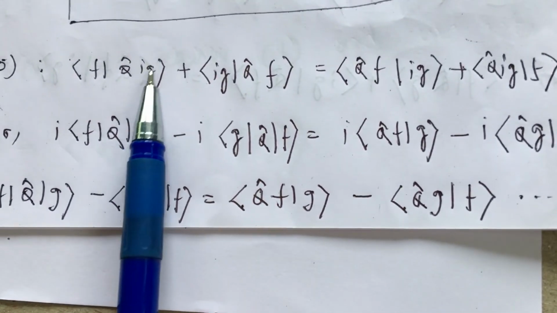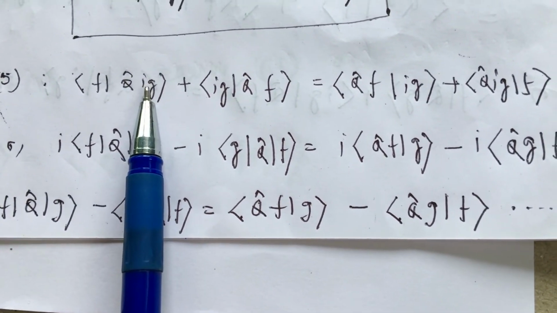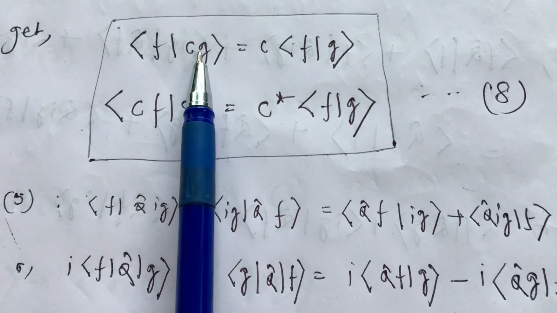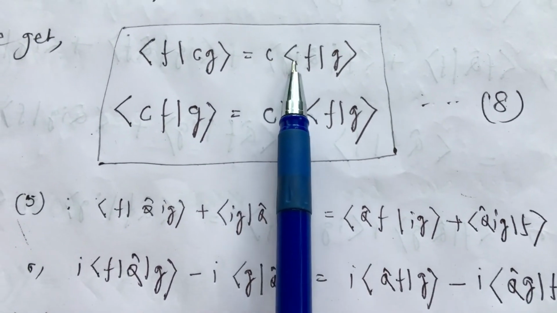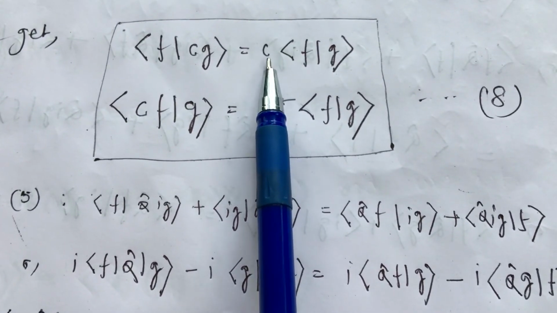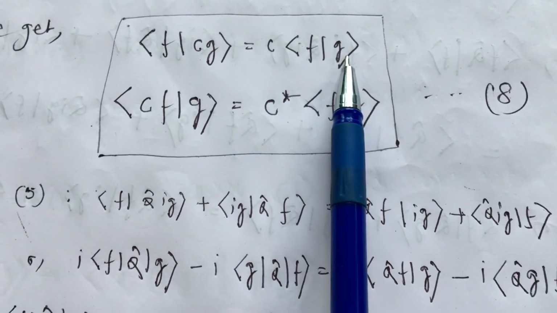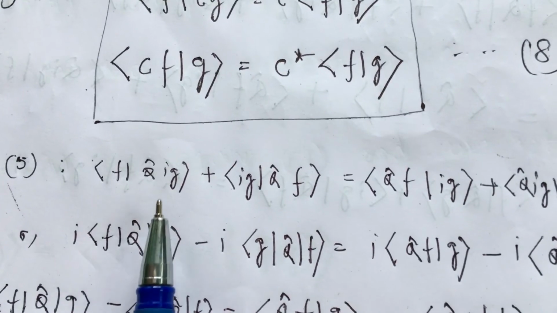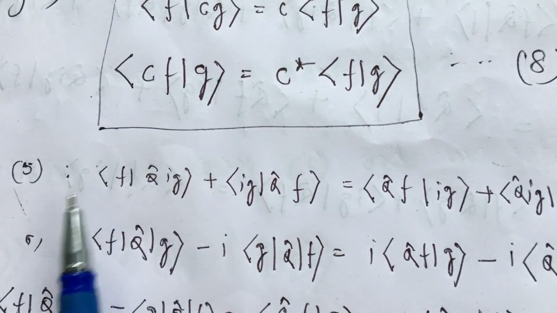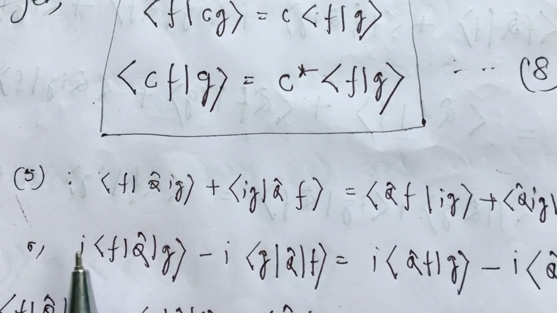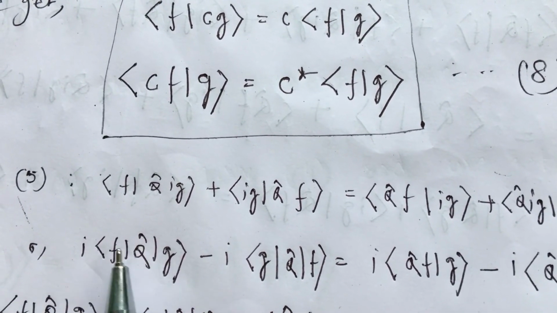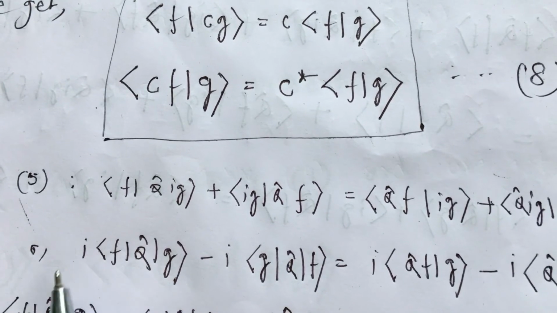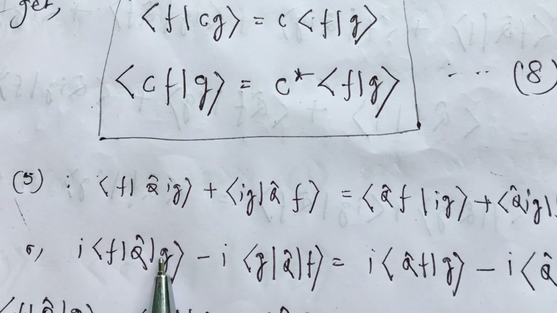As this i is in the ket vector, taking i outside gives plus i, and then the expectation value of Q within the two states f and g.